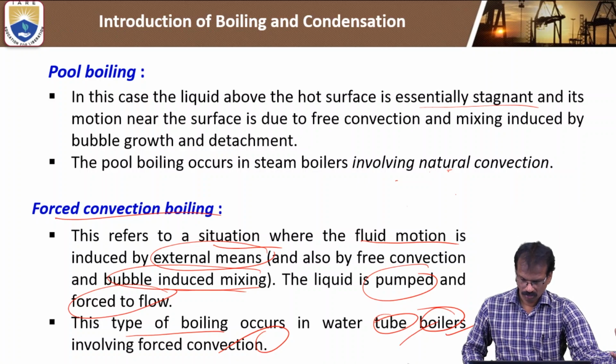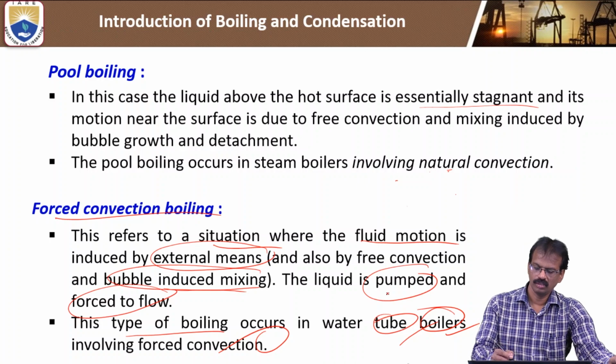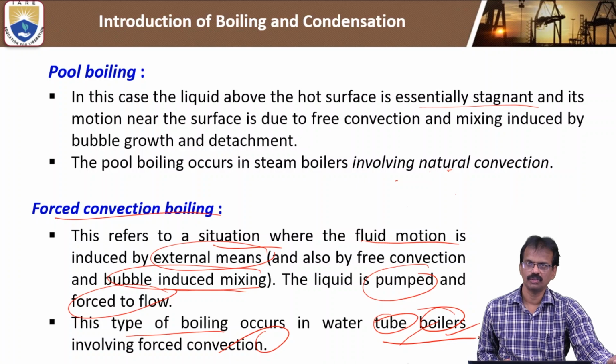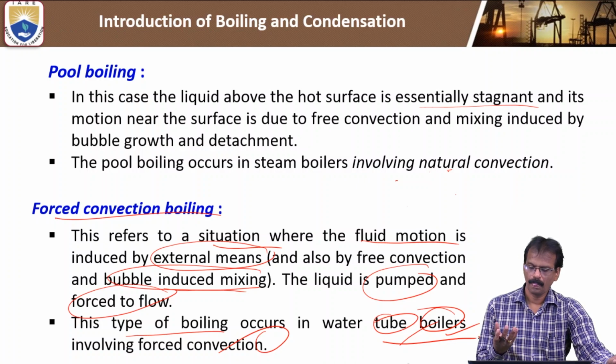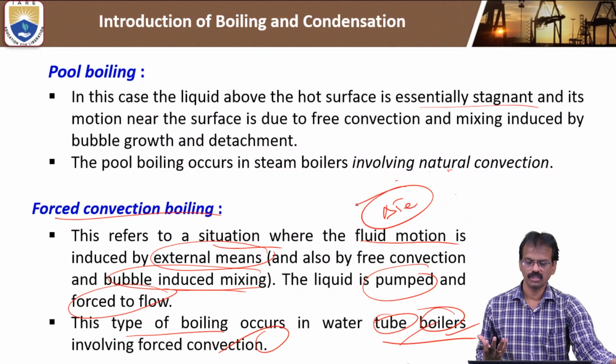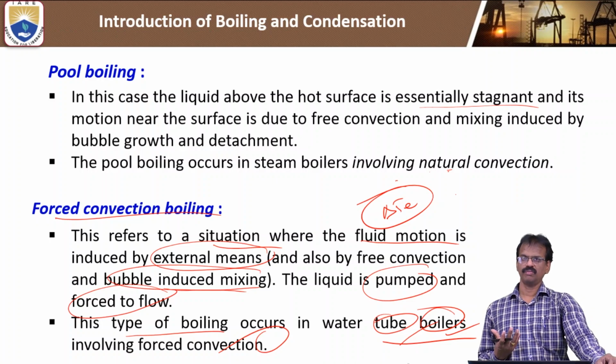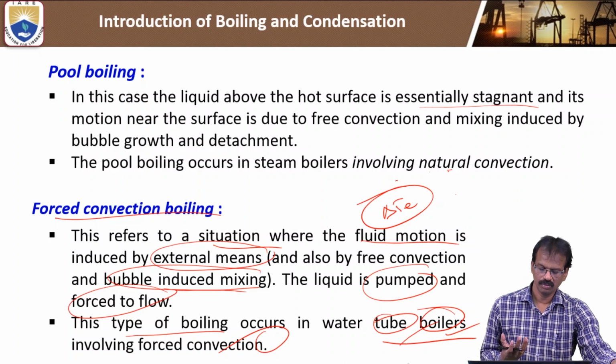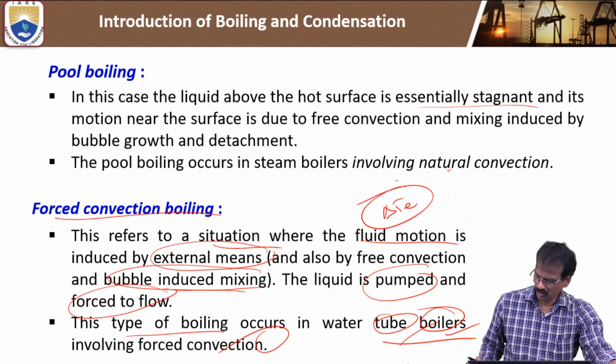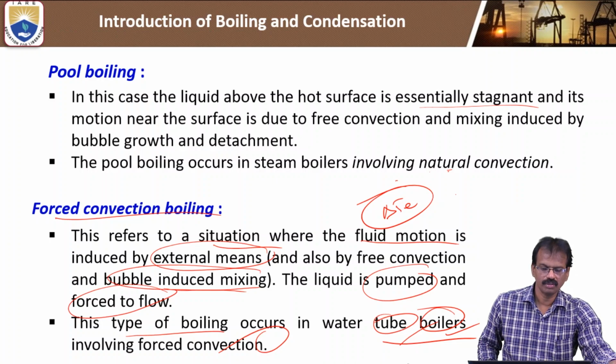When the water is moving in the tube boilers, because of the excess temperature delta T, the water particles are converted into vapor bubbles. Those bubbles move to the top surface. So this is the forced convection process.